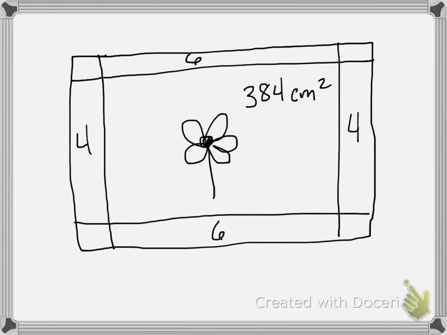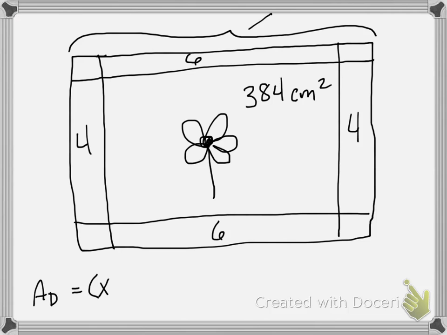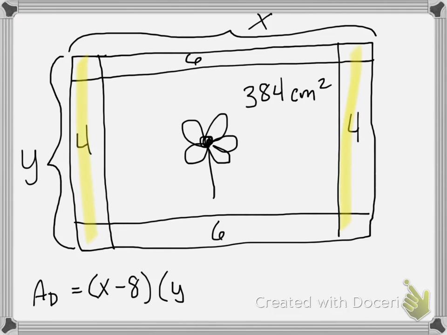Okay, so here's what we know. Our area of the design is going to be equal to our X minus 8, because we just add those two sides together, multiplied by our Y minus 12, because our two margins for the top and the bottom were both 6, and 6 plus 6 is 12.